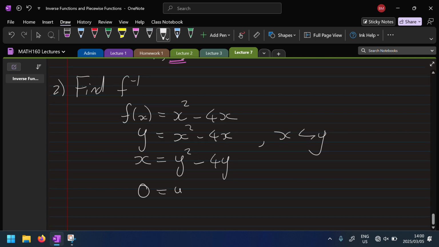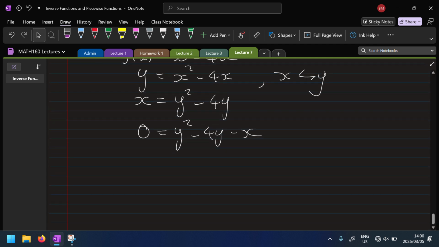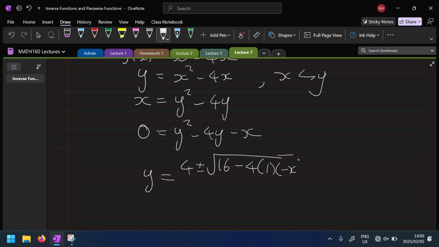Okay, so we have 0 equals y squared minus 4y minus x. Okay, so we get y is equal to, quadratic formula, you'll know that, hopefully. So that's going to be 4 plus or minus the square root of 16 minus 4 times 1 times x, over 2, or 2 times 1 if you want to put the 2a.